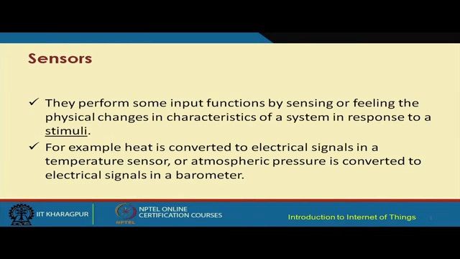For example, for a temperature sensor, the heat is converted to electrical signals, and for sensors such as atmospheric pressure sensors, the atmospheric pressure is converted to electrical signals. So, we have different sensors which measure different things, but these sensed values are converted to respective electrical signals.